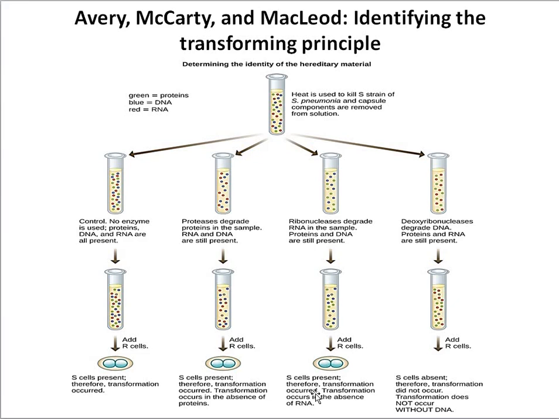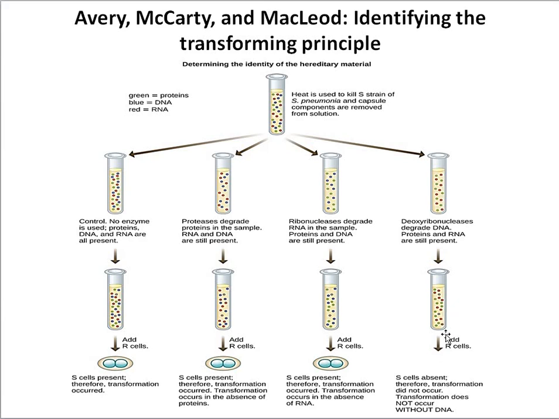Now we have to see whether the DNA was there which could transform or not. When the sample in which there was no DNA was added to R cells, in that case S cells were not formed.